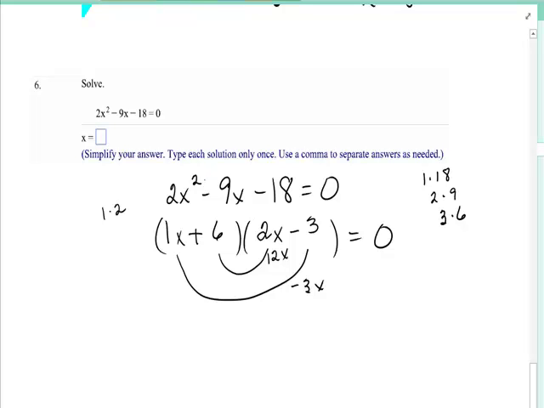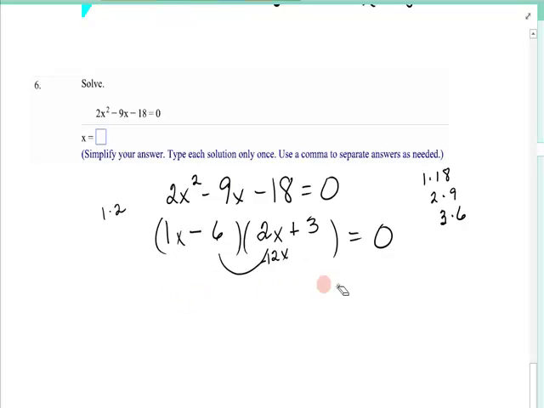And I'm supposed to get negative 9. If that happens, all you have to do is change the position of the signs. Don't change the numbers, change the signs. Now my outer product is plus 3 and my inner product is minus 12. That gives me negative 9.